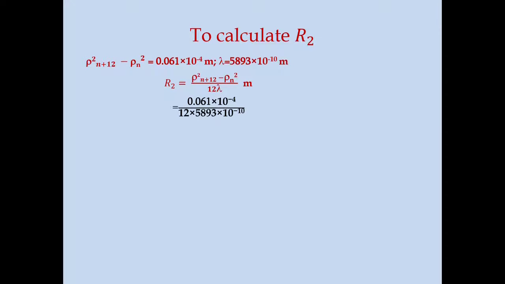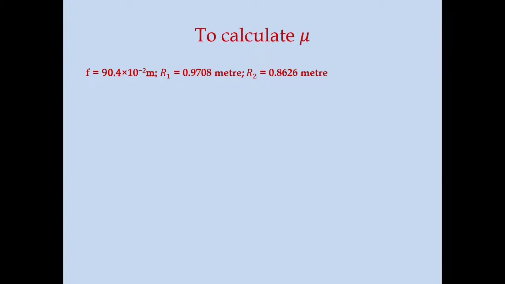Substituting all the values and calculating as before, we get the value of R2 as 0.8626 meters. Generally, the radius of curvature of surface 1 and surface 2 will be closer to each other, with only a slight difference. So here we have got the value of R2 as 0.8626 meter.